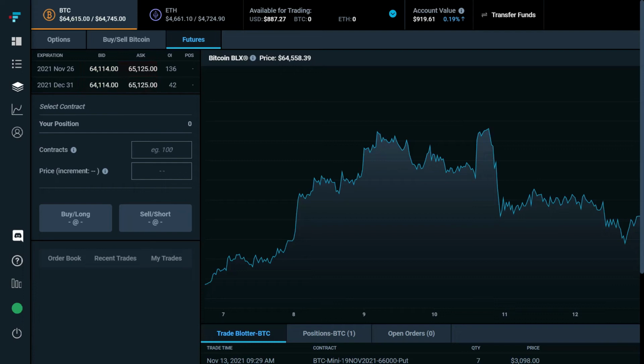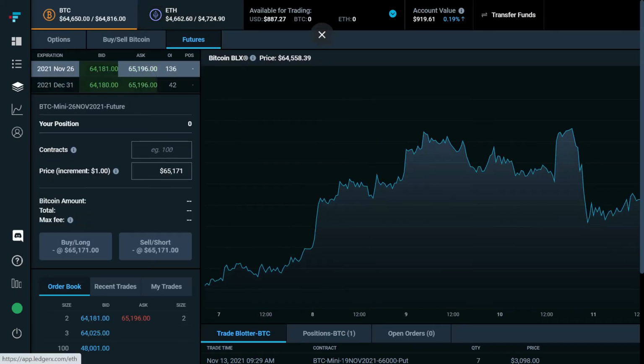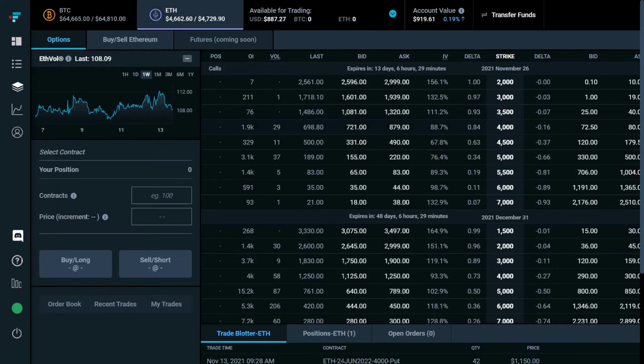Futures contracts are a complete side bet that just trades around the price of Bitcoin. And so I don't trade futures, but they do have Bitcoin futures. They're going to have Ethereum futures if you're interested in futures trading.